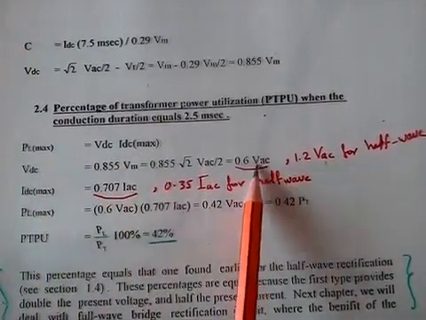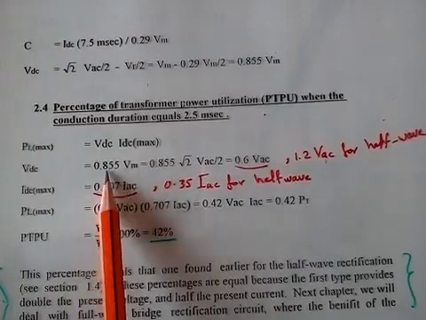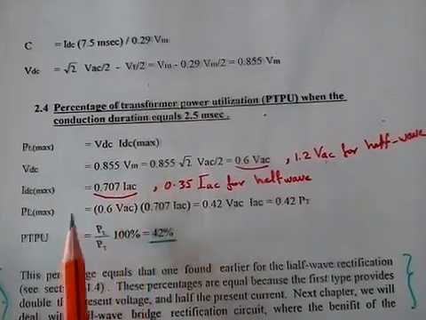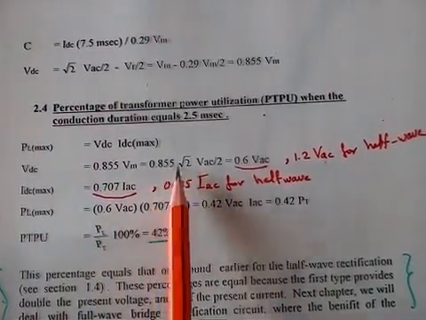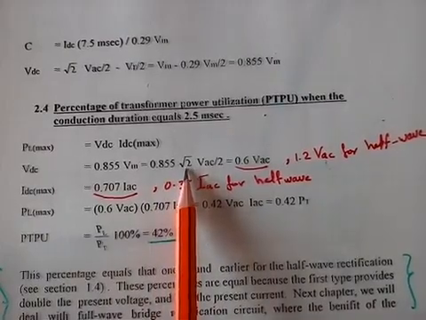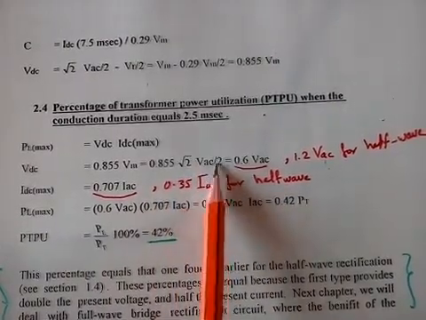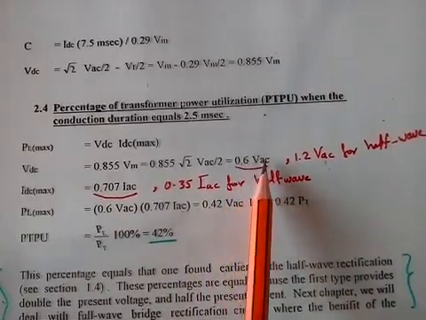We can relate it back to the VAC. 0.855 of Vm equals 0.855 multiplied by root 2 multiplied by VAC over 2, and that comes up to 0.6 of VAC.